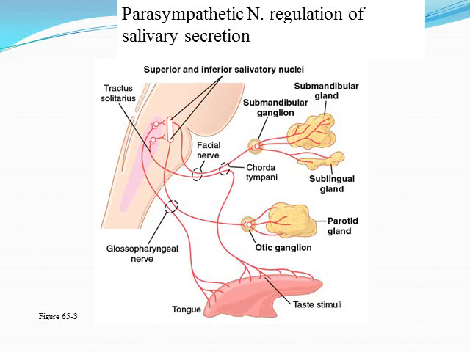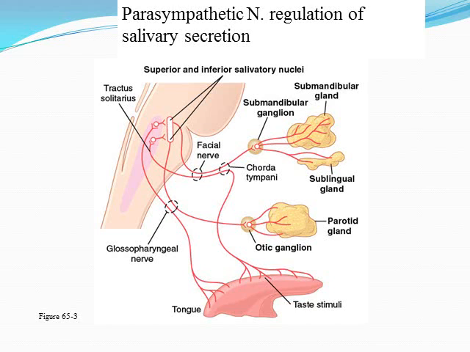Okay, so talking of salivary glands, let's look at how the glands are innervated. As I mentioned, you have the parasympathetic regulation that is feeding back from taste stimuli through the glossopharyngeal and facial nerve that synapses when there's a taste on the tongue, which will trigger salivation within the various salivary glands shown here.